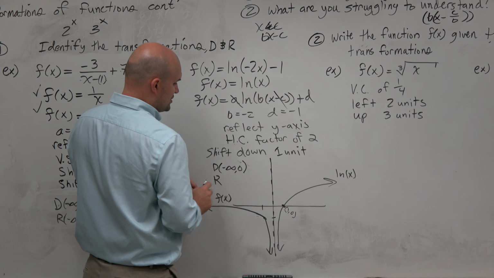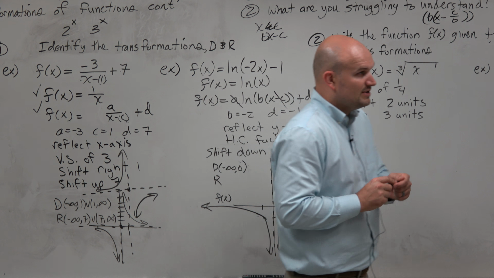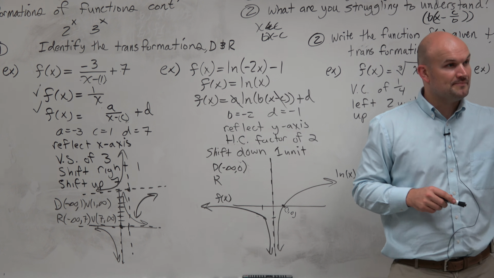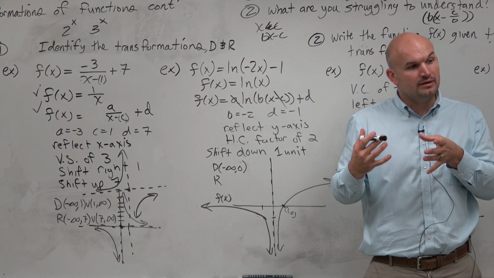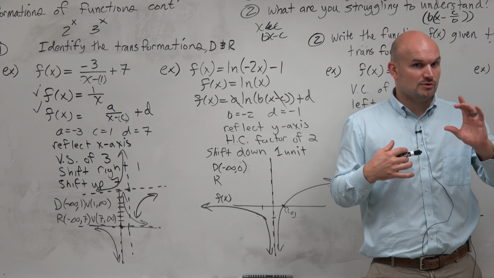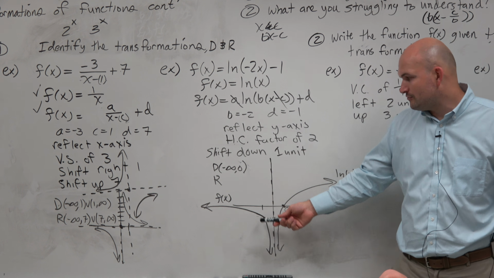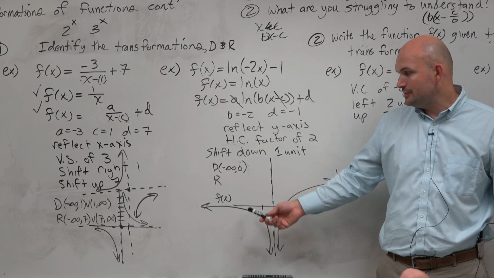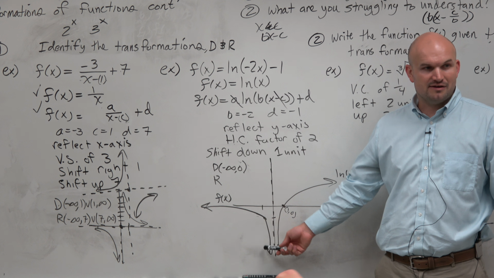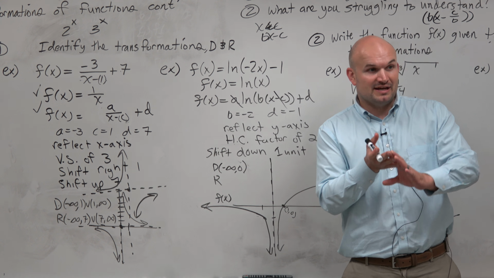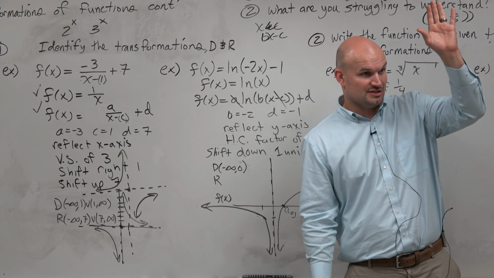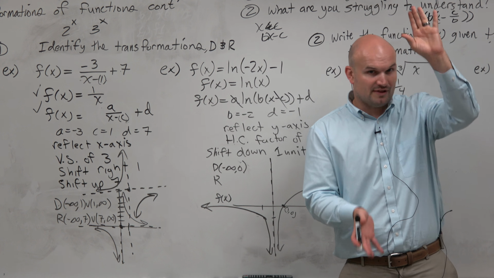And then our range. We talked about how the range could affect the graph, but that was with the square root function, where both the domain and the range were restricted. In this case, my range is not restricted, guys. This graph goes from -infinity to +infinity. If you have a graph that extends to infinity and -infinity in both directions, does it matter how you shift it up or down or reflect it?